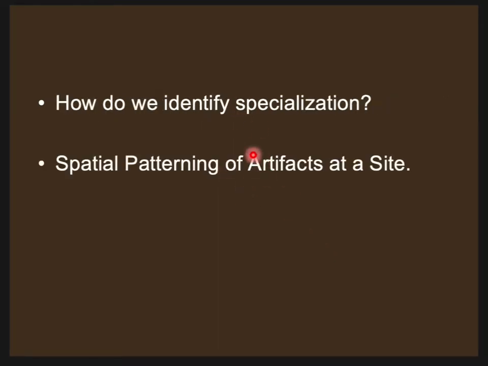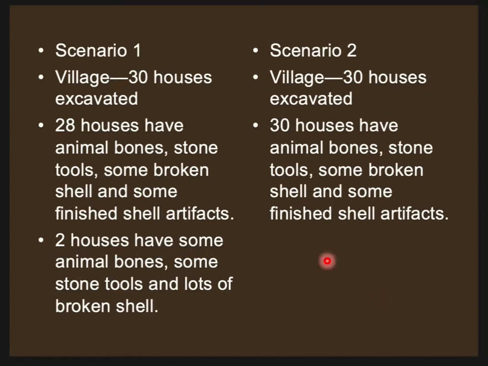Okay, so how do we figure out if there was specialization? Was it high levels of specialization, low levels of specialization? Well, one way is to look at the patterning of artifacts at a site. So let's take an example. Let's say you've excavated a village.